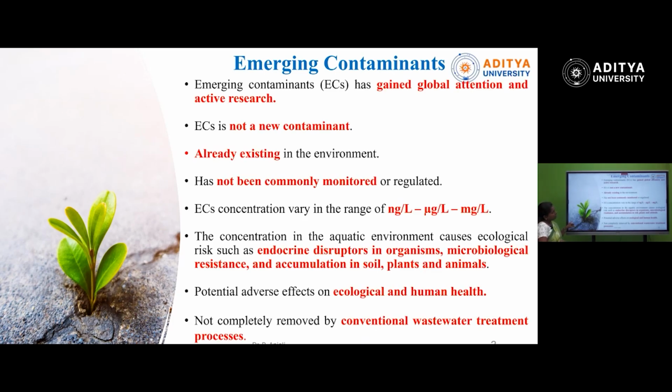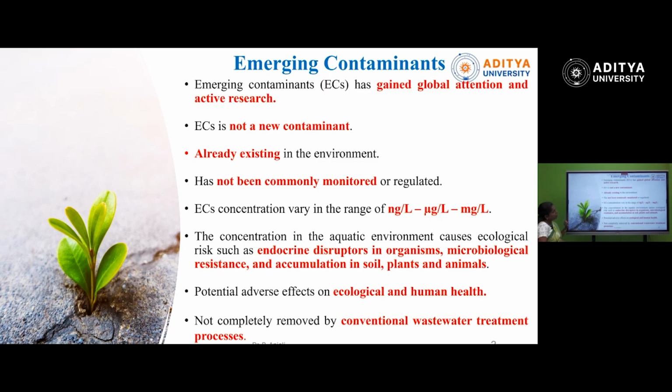As I said, they are not monitored or regulated properly. These emerging contaminants are found in the range of nano to milligram per liter. In the previous literature from 2010 or 2009, they found these pollutants at the nanogram level. Later, in the mid-region, you can see that it is in micro. In recent papers, you can see they are found in milligram per liter.